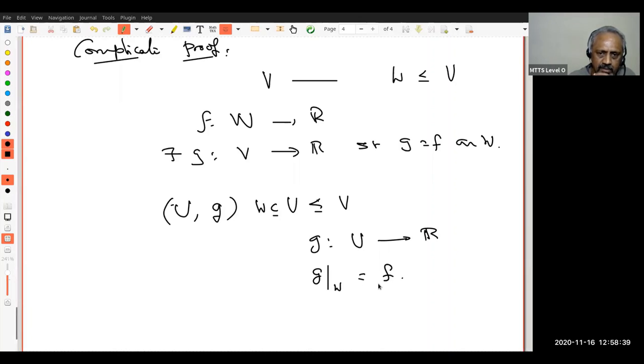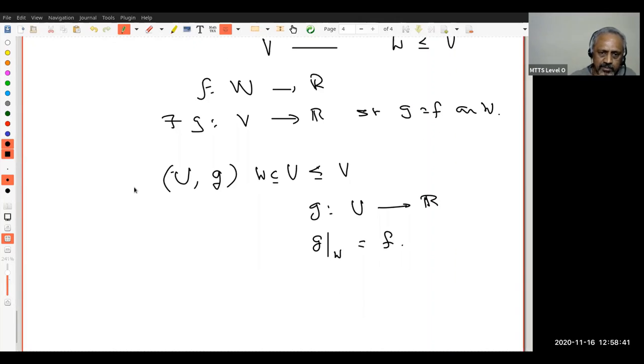So unlike the earlier thing, now my collection is going to be ordered pairs, where the first argument U is a vector subspace of V containing W, and G is a linear map from U to R which extends F. You understood this? So I am looking at the collection of pairs (U, G).